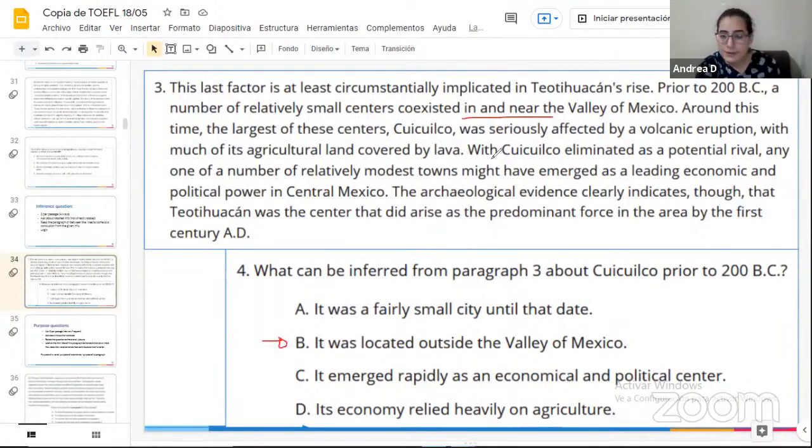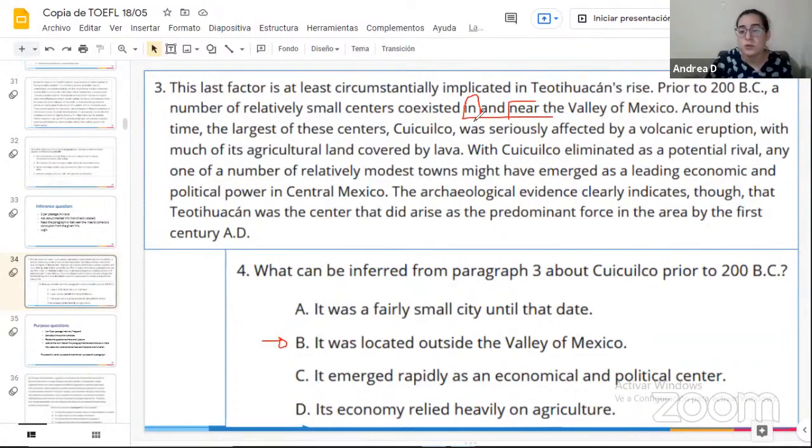But we have two problems here. The first one is, how do we know for sure that it was near the Valley of Mexico and not in the Valley of Mexico? It could be inside the Valley of Mexico, and in that case, it wouldn't be outside. We don't really have that evidence to come to the conclusion that it was outside the Valley of Mexico.